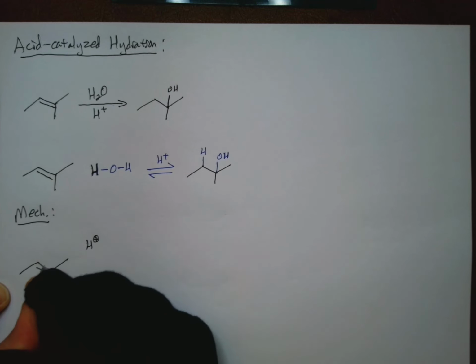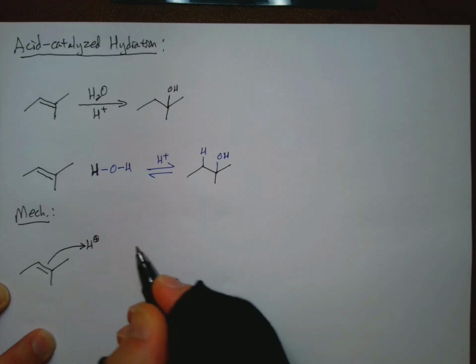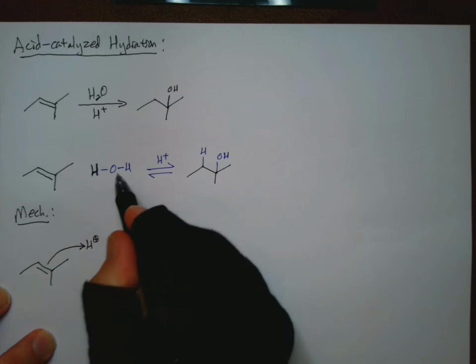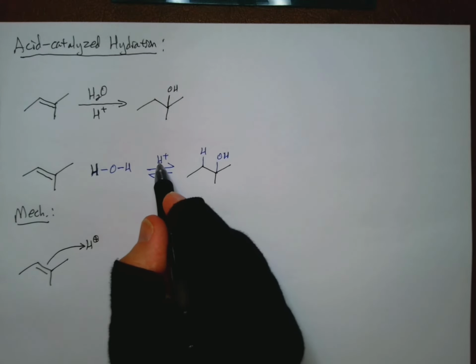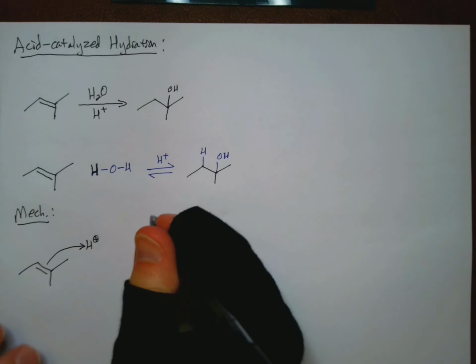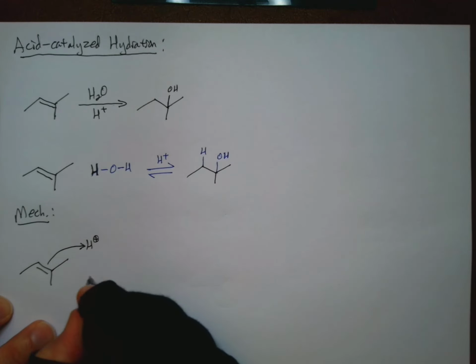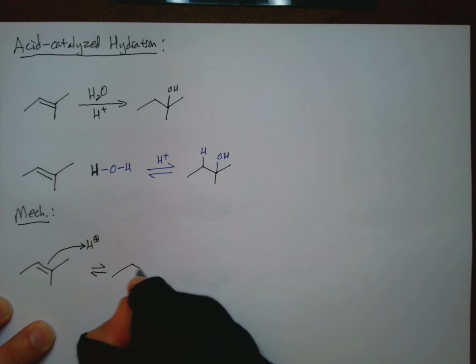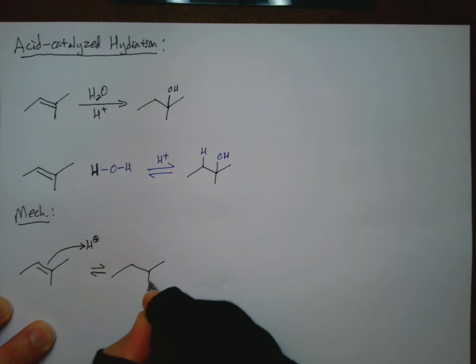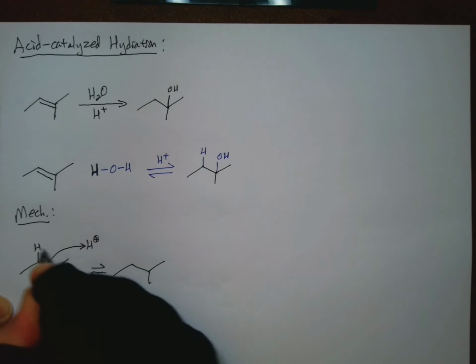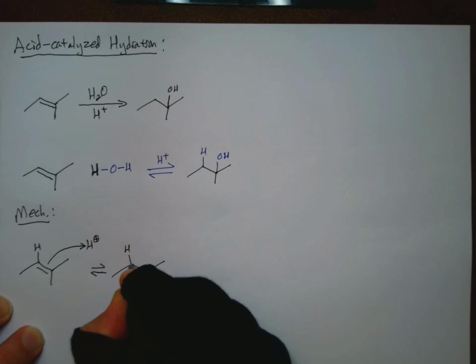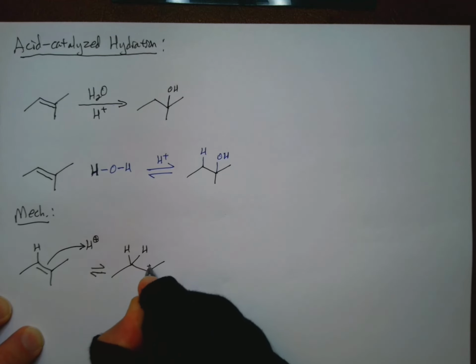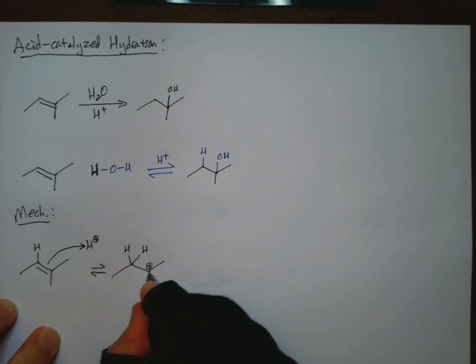And I will come along and grab the H+. Often it's in the form of H3O+. It doesn't have to be. It could be something else. And let me put in a hydrogen there just to show you. Hydrogen, hydrogen. And now I've got my positive charge.